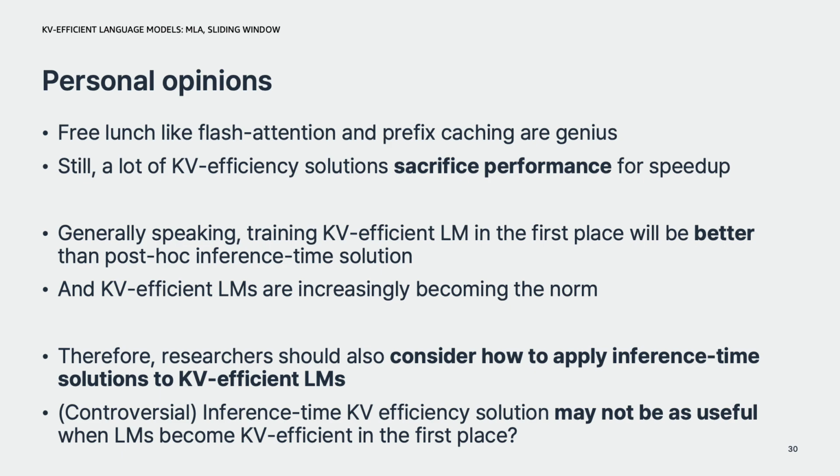And a somewhat more controversial one is that these inference time KV efficiency solutions may not be as useful as language models become more KV efficient in the first place. I know this is quite controversial, and I myself do not have really much confidence in this statement, but I think this is a point we could think about.